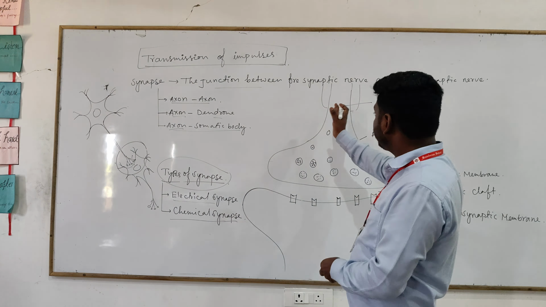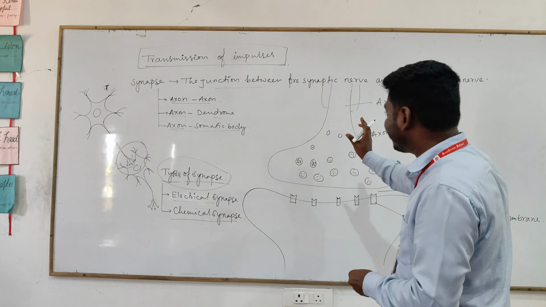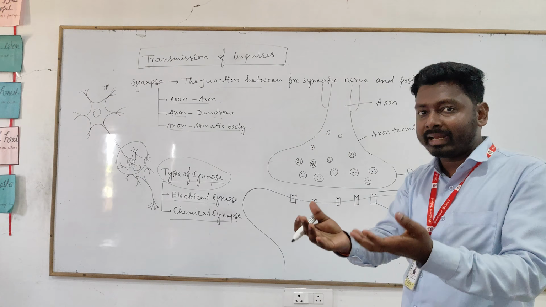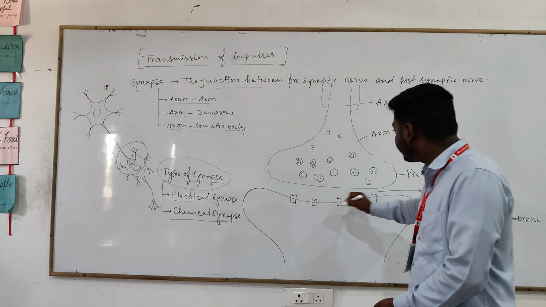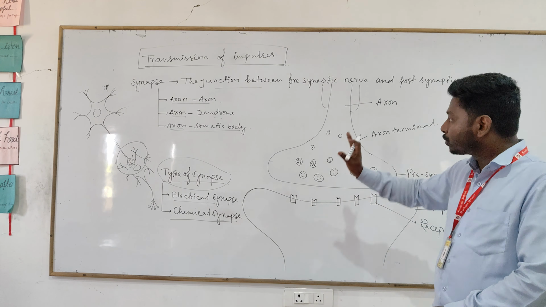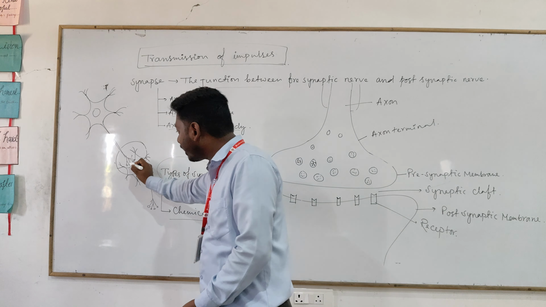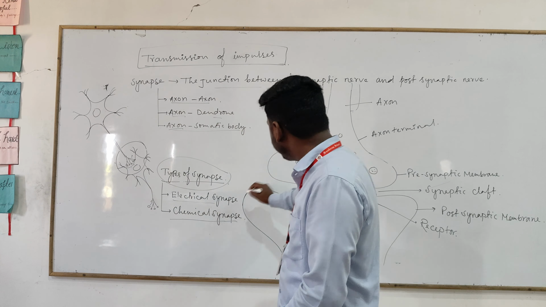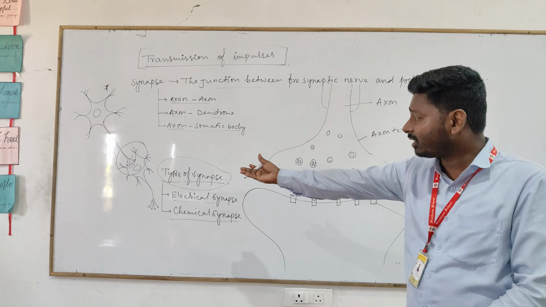Next, the structure of the synapse. What is the structure of the synapse? We have already understood that it means the junction between two neurons. One must be the presynaptic neuron and the other a postsynaptic neuron. Here is the structure: the terminal part of the axon, and the cell body of the neuron.